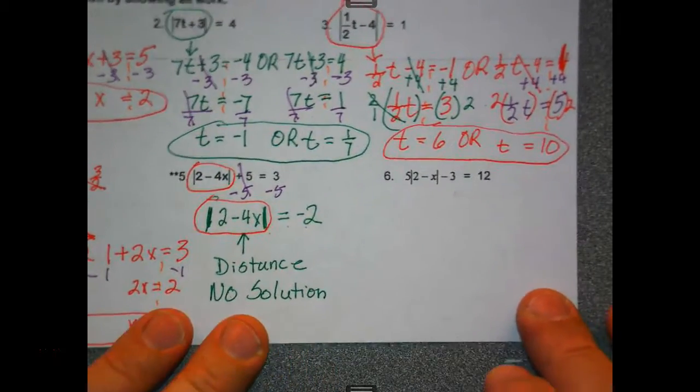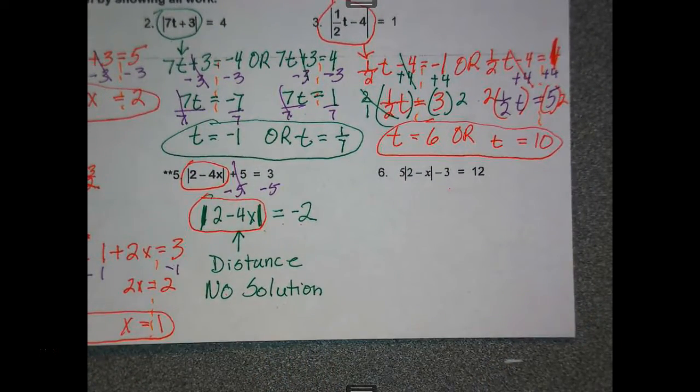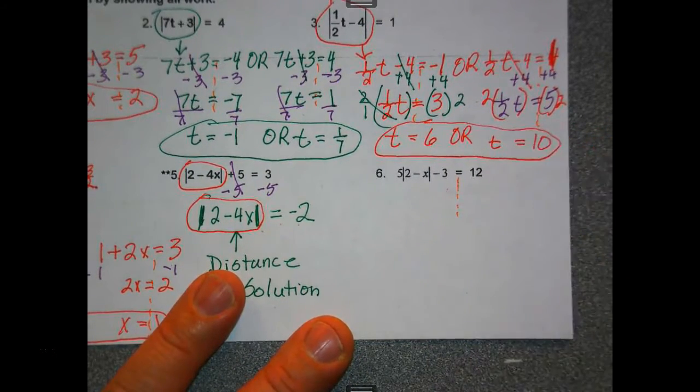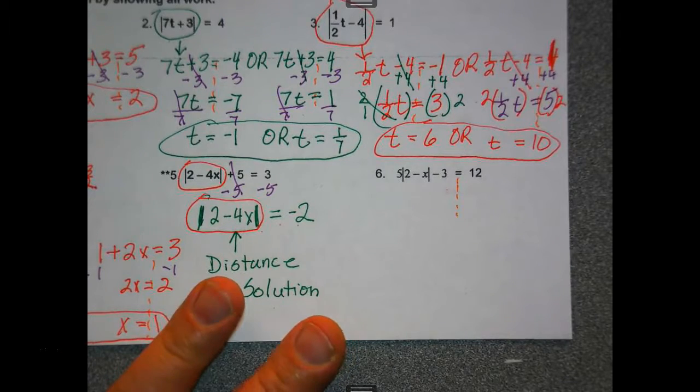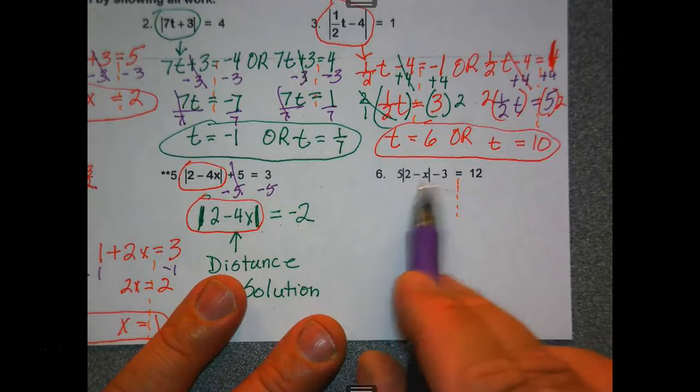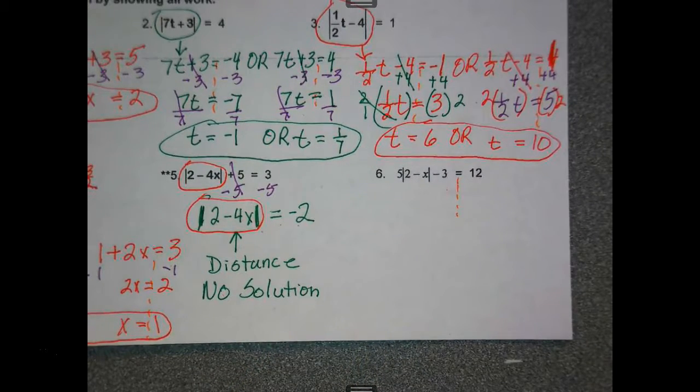Number 6. Is my absolute value by itself? Yeah, we got all kinds of things going on here. We gotta get it by itself. So the first thing, I'm not going to divide first. I'm going to add 3 because you got 2 terms here and it gets real messy with fractions if I divide.